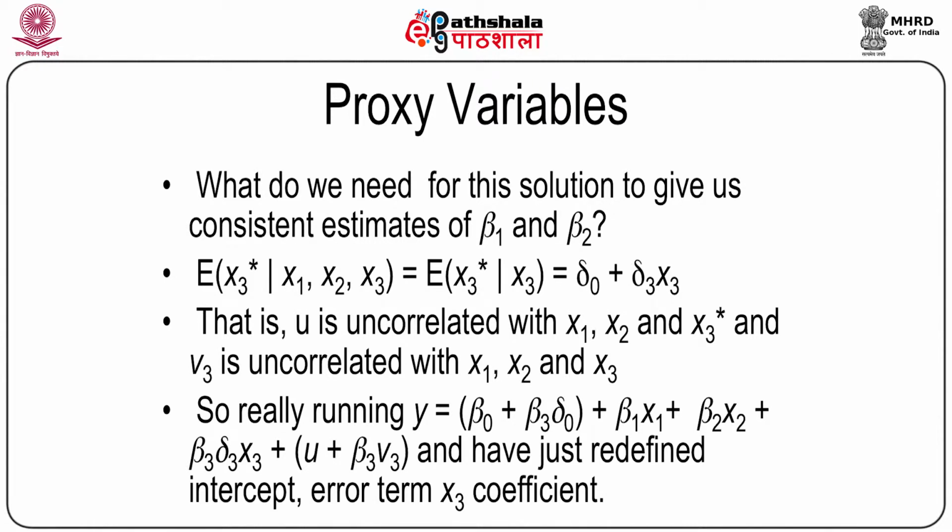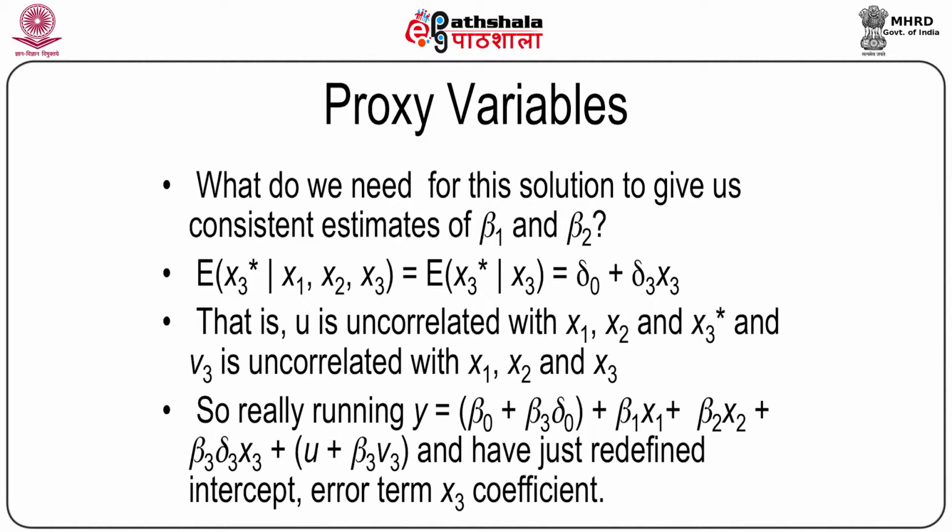So what do we need for this solution to give us a consistent estimate of beta 1 and beta 2? Now, the expected value of x3 star given x1, x2, x3 is equal to the expected value of x3 star given x3, which is equal to delta naught plus delta 3 x3.